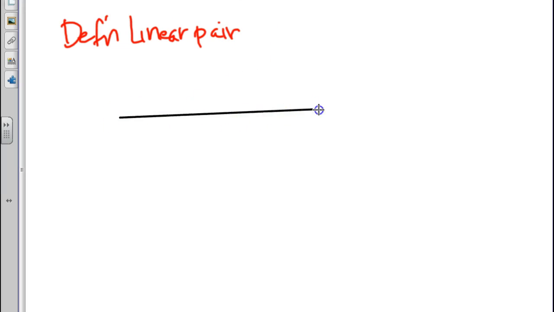Special adjacent angles are linear pairs. One pair of special adjacent angles would be linear pairs. So, definition of linear pair. I bet you guys know this one. Two angles form a linear pair if and only if they are adjacent and their non-common sides form opposite rays or are opposite rays.